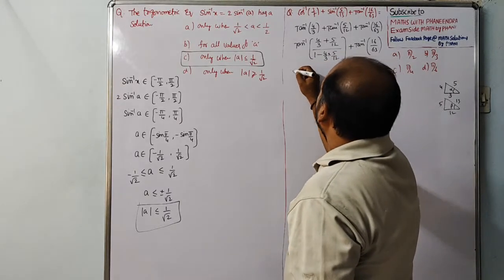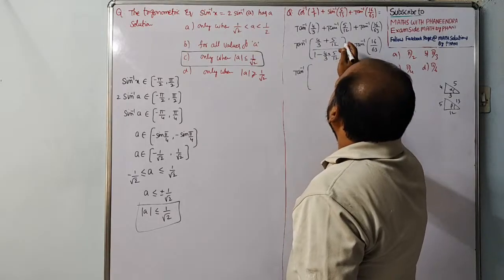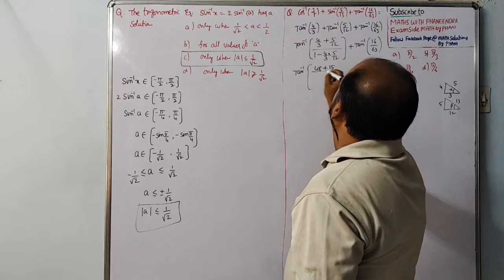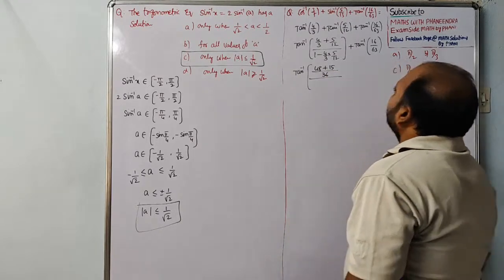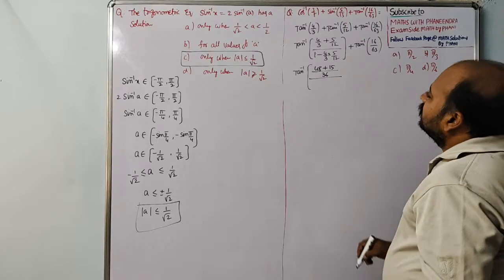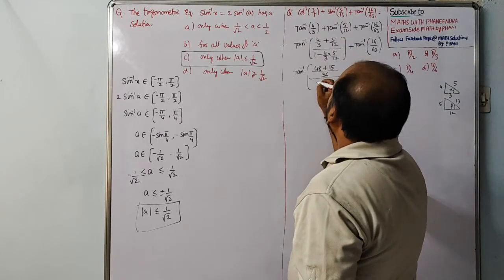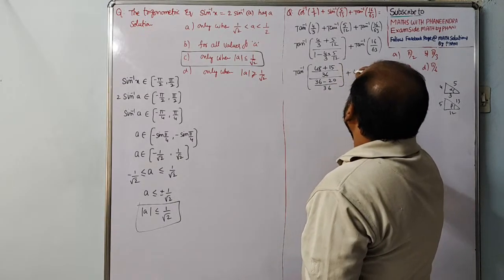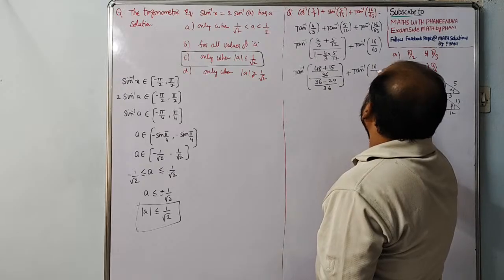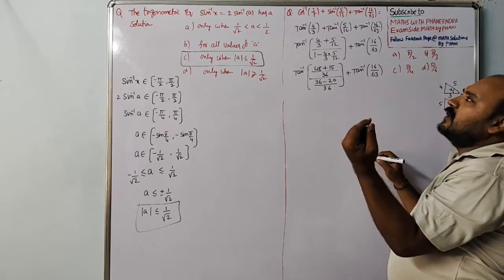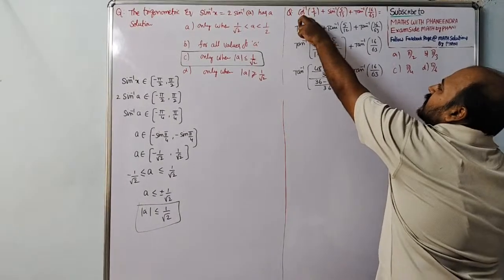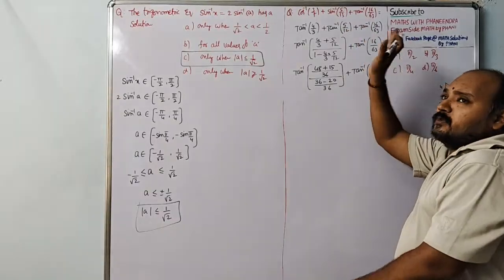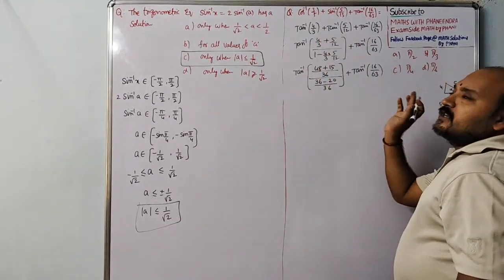Take LCM and simplify: tan inverse of 48 plus 15 by 36 divided by 36 minus 20 by 36, plus tan inverse of 16 by 63. This is the way you can go, it will be easy. Even if you want to convert to sin inverse x plus sin inverse y, or in terms of cos inverse x plus cos inverse y, we can also do it. But this is the best way, dear students.